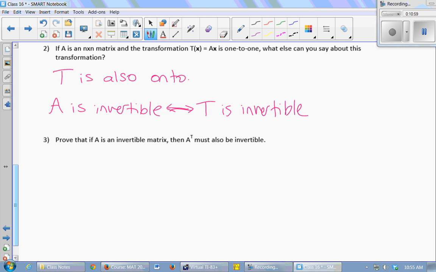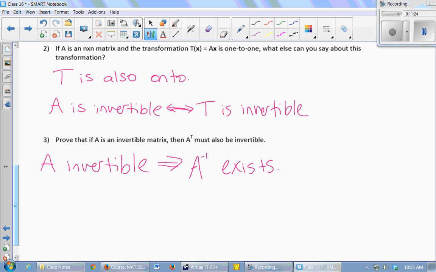The rest of them we have proved in bits and pieces throughout the semester, but we haven't talked a lot about A transpose. So A is invertible. That means A inverse exists, and A times A inverse is the identity, and A inverse times A is the identity.